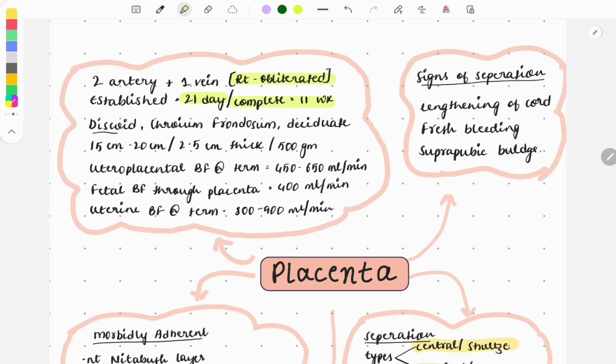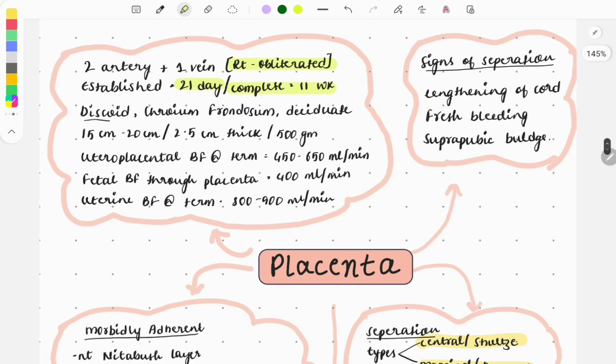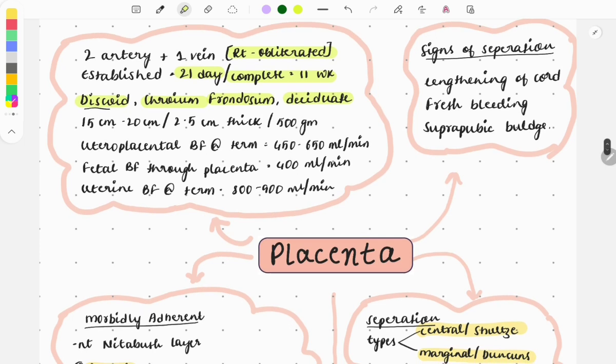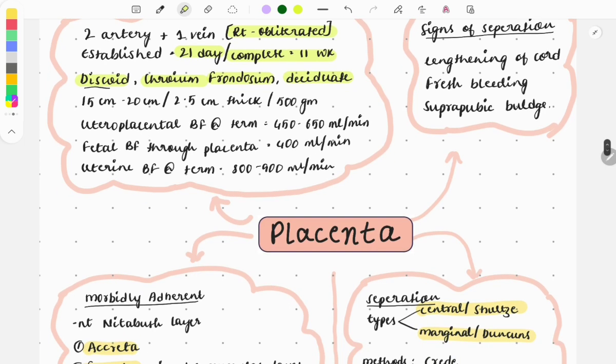Then moving on, this is also a previous year question, that this placenta is discoid, it is chorion frondosum, and it is decidua basalis. This is the appearance of the placenta, and the size is 15 to 20 centimeters in length, 2.5 centimeters thick, and the weight is 500 gram.